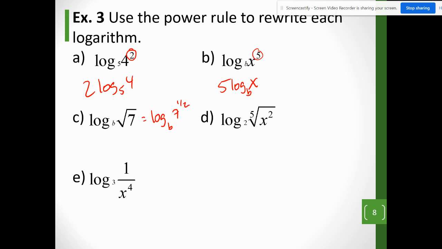Square root is the root 2. 7 is 7 to the 1. So notice how my fraction, I wrote it as exponent over root. All right, so I'm going to simplify this as 1/2 log base b of 7.